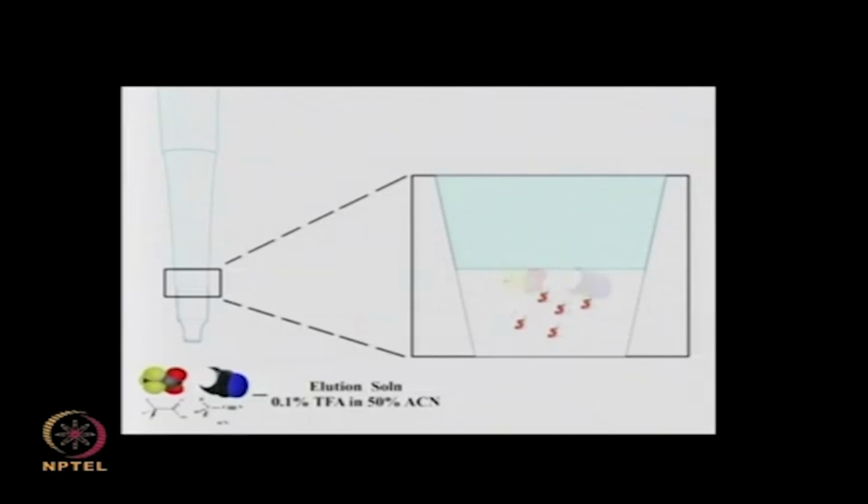Now, elute the sample from the ZipTip with 10 microliters of 50 to 70% acetonitrile in 0.1% trifluoroacetic acid.